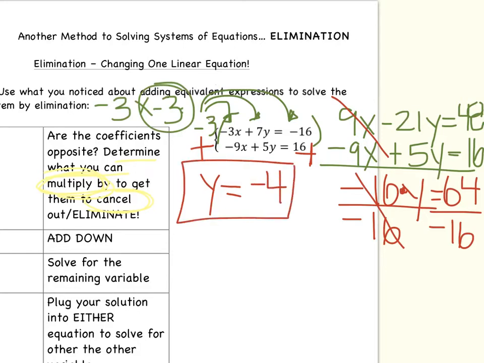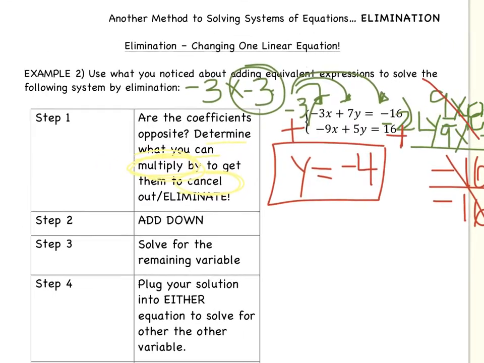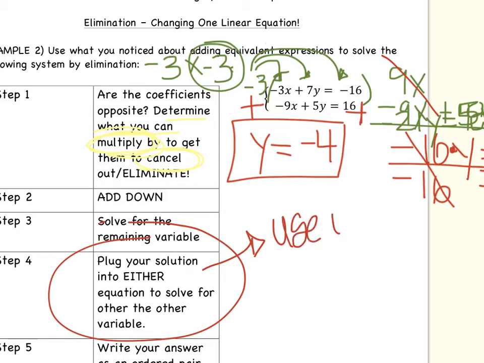So now I've solved for one of my variables. Now what I need to do is go back to my steps. I need to plug in to solve for my other variable. So when you do this, just a word to the wise, make sure you use your original equation.